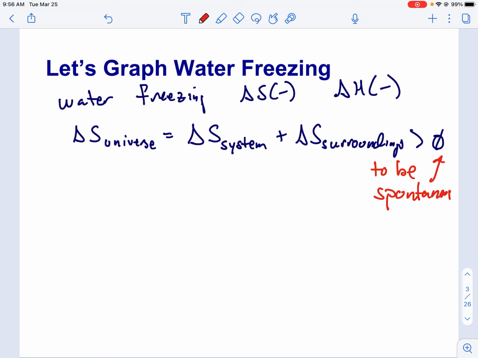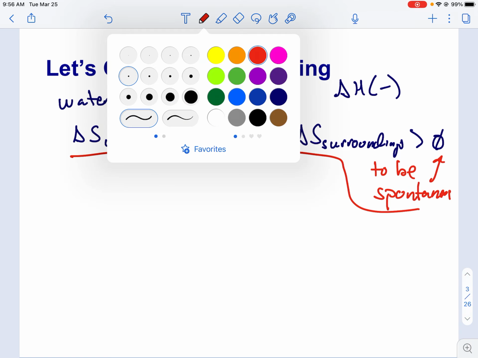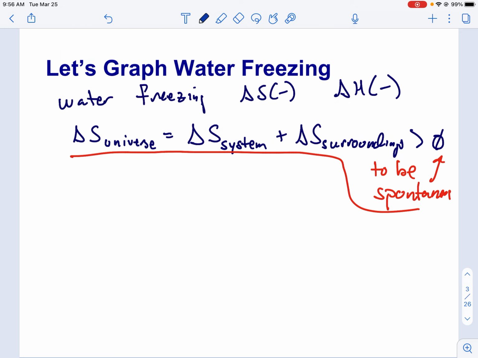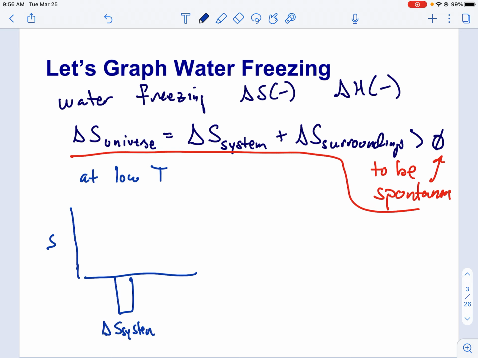All right. So let's graph what this kind of looks like. This is kind of a strange graph, but stick with me here. So when is this favorable? We think about it at low temperatures, right? At lower temperatures, things convert from liquids to solids. So what's happening if we plot the entropy change of each of these? The entropy of the system is negative, becoming more ordered.